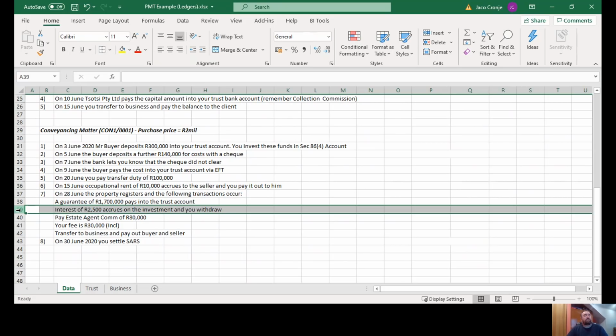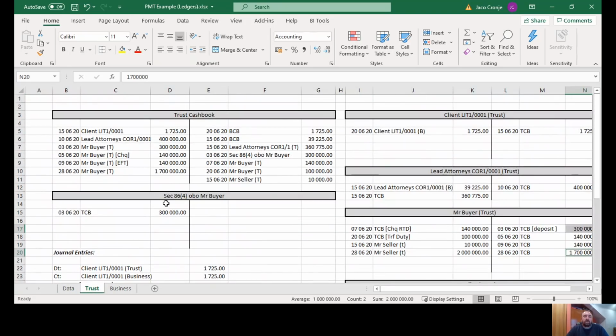Okay, now it says interest of 2,500 rand accrues on the investment and you withdraw. That's now in terms of our section 86 investment. Let's first start and say, how are we going to reflect that? Will my bank balance increase or decrease because of the interest? Let's first do the interest transaction.